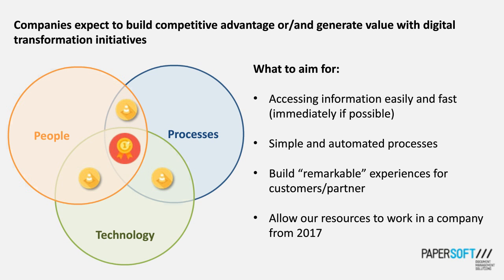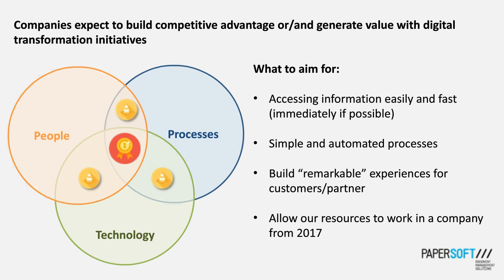Assessing information as easily and fast as possible; putting the process as simple and automated so that it will be touch-free if possible; building a remarkable experience for all the ecosystem involved within your transactions, because whenever someone asks for something, independent of the system, it needs a reply back. So you want to make something that will definitely match their expectations.